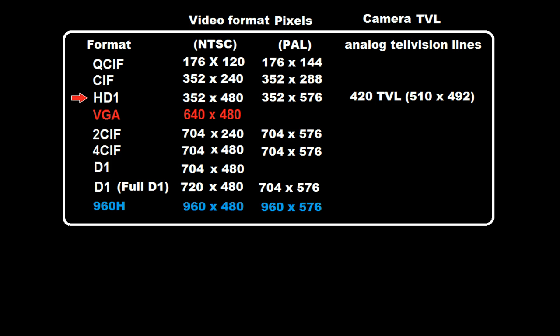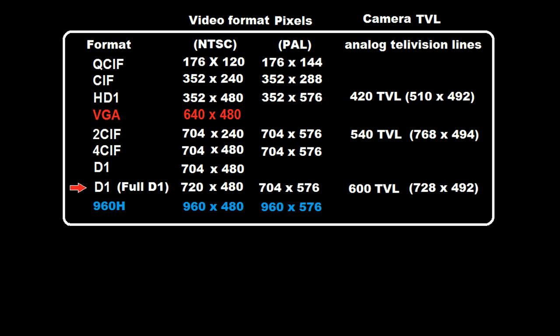Matching your camera resolution to your recording resolution, if you're recording HD1, this is the camera you'd want. If you bought a more expensive camera with a higher TVL, you're just wasting money because you can't record that extra resolution. If you're recording at 2CIF, you want a 540 TVL camera. Oh, as a general note, expect any camera under 500 TVL to have a blurry image.